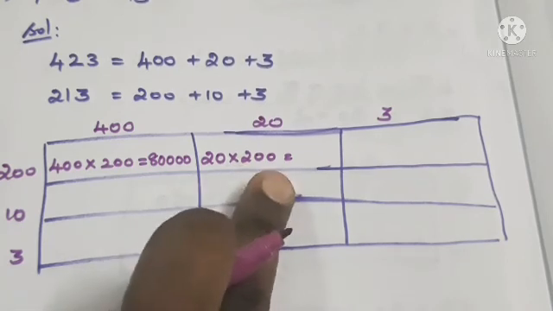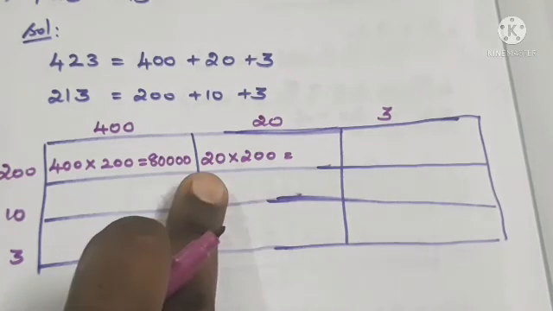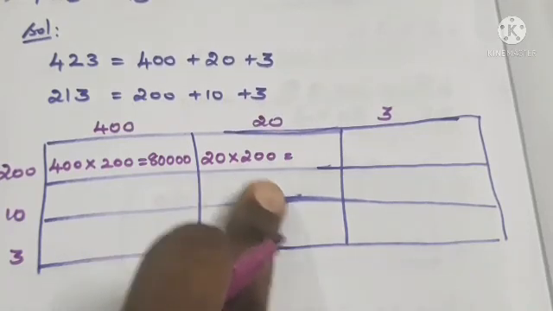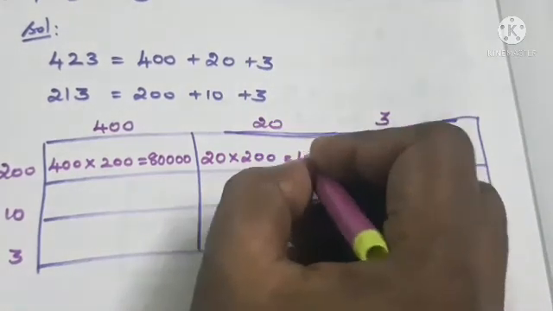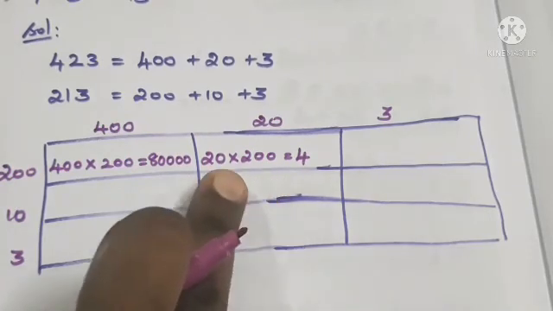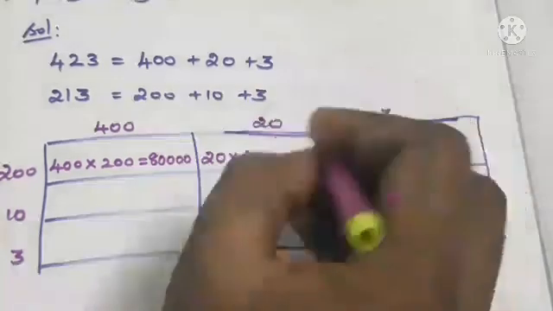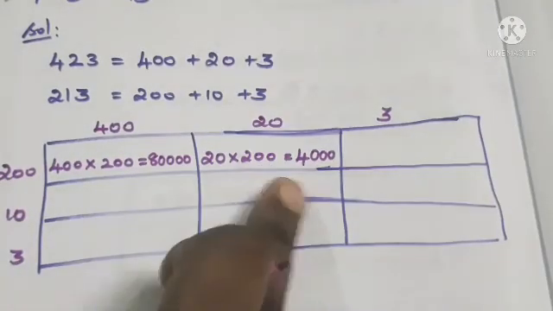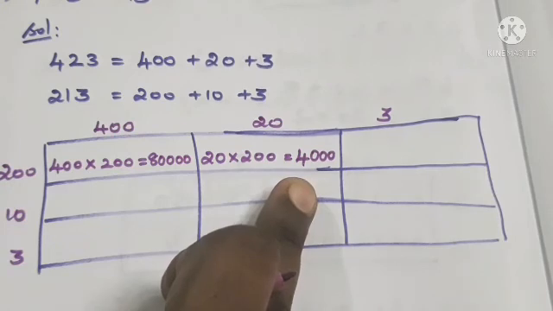So we can just leave those and multiply 2 and 2. 2 2s are 4. Next, at the back of the 20 and 200, how many zeros are there? 1, 2, 3. So 3 zeros we have to write. So we will get 4,000 as the answer.